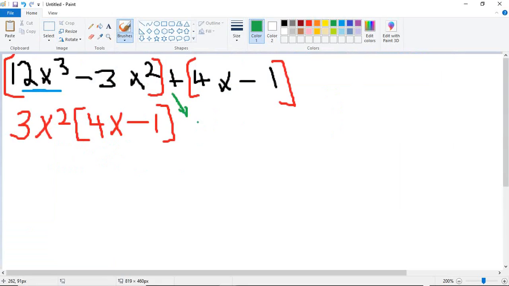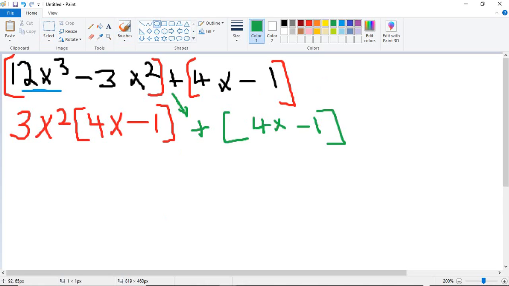Plus, and then here, the common factor here is obviously 1, so you don't have to do much there because there's nothing you can do. 4x minus 1, close bracket.